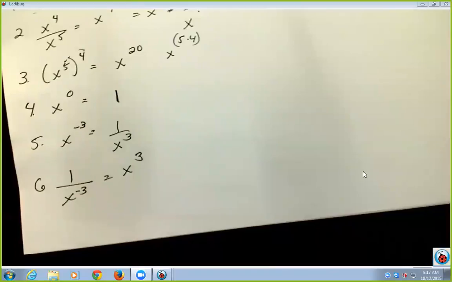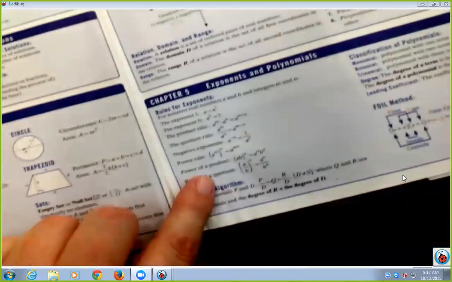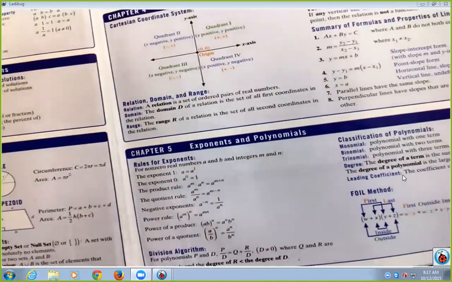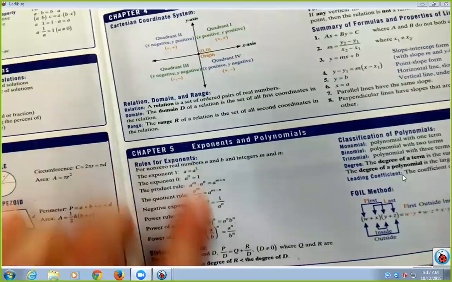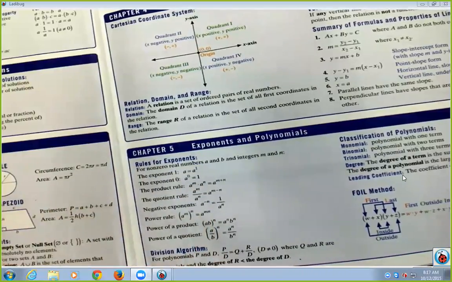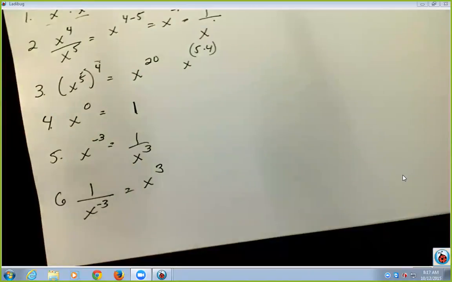They are listed as all of the exponent laws right here in the front cover of your book. So if you need them, they're there. And they're also at the tail end of Chapter 5, in the review section back there. So make sure you have those and that you know what they are, because when we get into today's stuff, we're going to work with fractions with these.